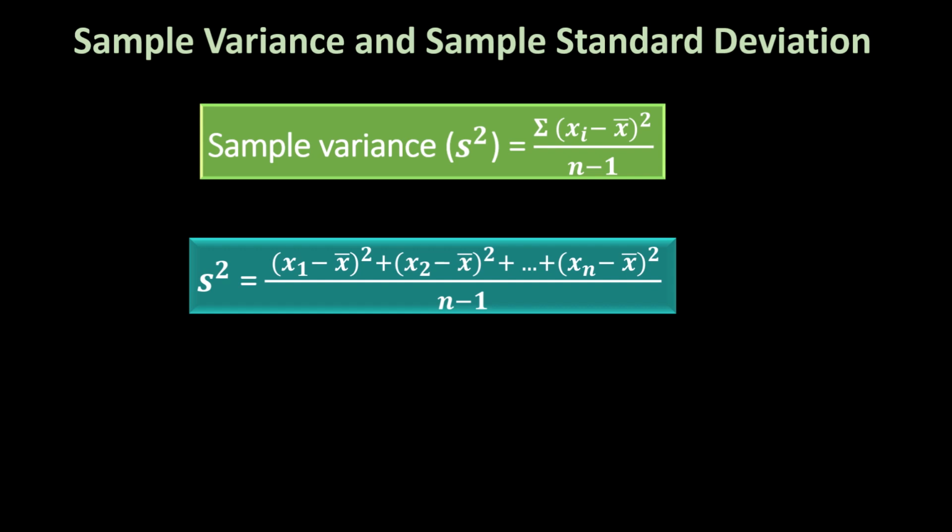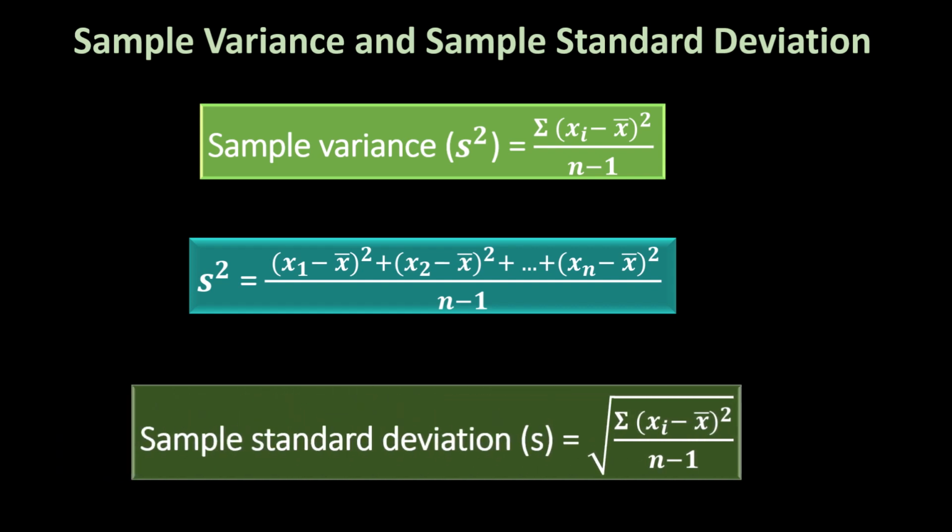Then how do we find the sample standard deviation? The notation of the sample standard deviation is S, which is the square root of the sample variance. So to find the sample standard deviation, first you need to find the sample variance, then take the square root of that number.